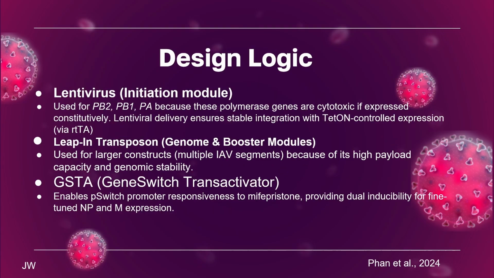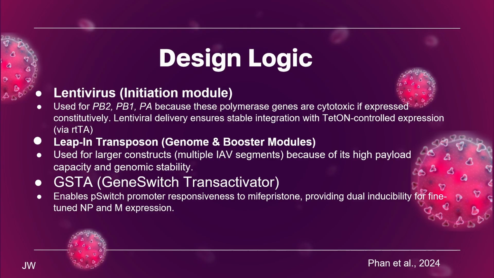The system was designed around three modular components: initiation, genome, and booster, to allow precise and independent control over replication and assembly. The initiation module, delivered by lentivirus, carries PB2, PB1, and PA, the RNA polymerase genes.